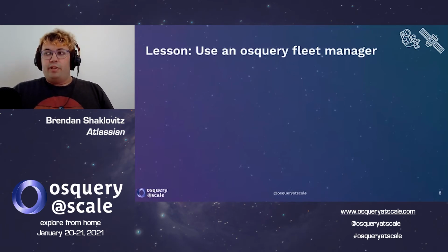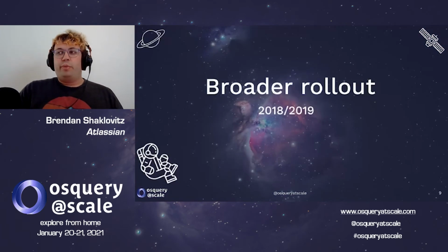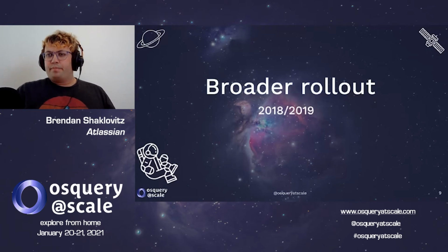We started with about 10,000 hosts for our simulation, 10,000 Docker containers representing 10,000 hosts. And we increased the tests up to 30,000 so that we could understand what parts of the infrastructure for Fleet would be particularly problematic.